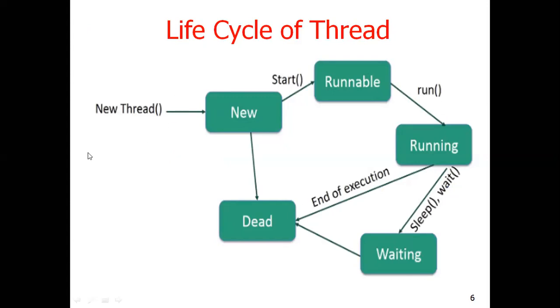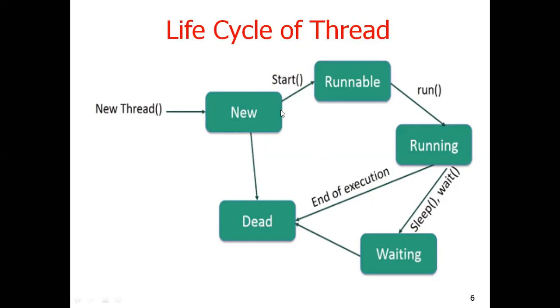So how are we going to start the execution of that thread? It is a life cycle, it is important, and it is a commonly asked question in the exam. New thread: via the Thread class we are creating a thread. What the Thread class actually is, we will discuss in the coming slides. So new is a state, where we are creating a thread for a process.